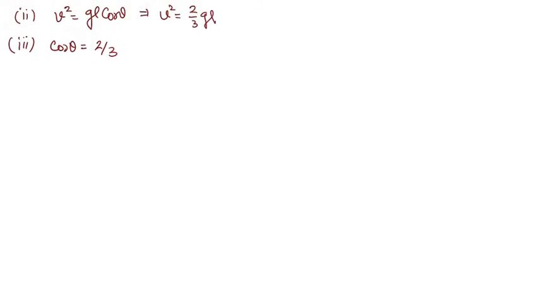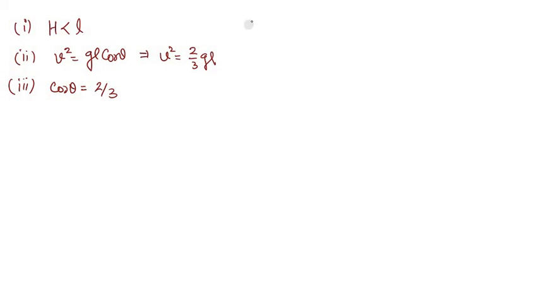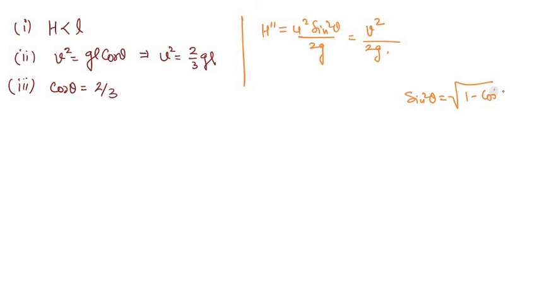So we know these parameters, h is less than L and all that. My maximum height of this projectile will be u square sine square theta upon 2g. My u square is here v square, because the initial velocity will now be v, divided by 2g, and your sine theta you can calculate as under root of 1 minus cos square theta. This is under root of 1 minus 4 by 9. So 9 minus 4 is 5.